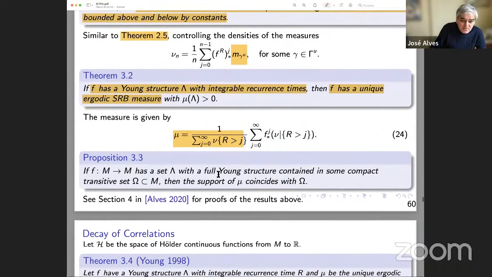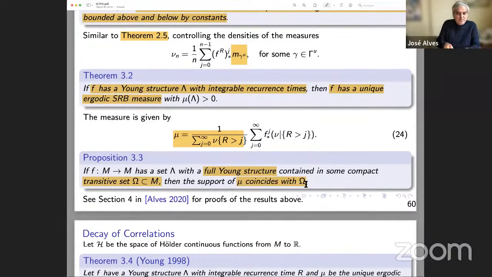And the full Young structure appears here because of applications I'm going to give you in the next lecture. If the set has a full Young structure, and the full Young structure is contained in some compact transitive set, then the support of mu coincides with this compact transitive set.